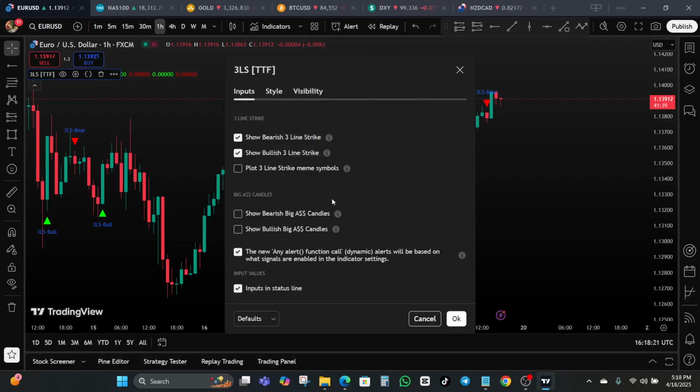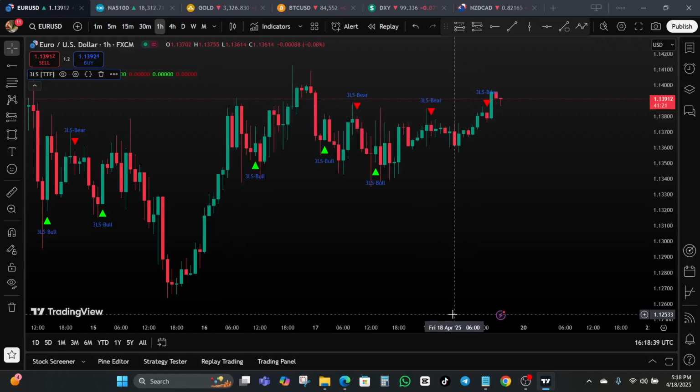If you want all this to show, you can enable them; if you don't want, you can disable. So basically, just check the settings according to your taste.